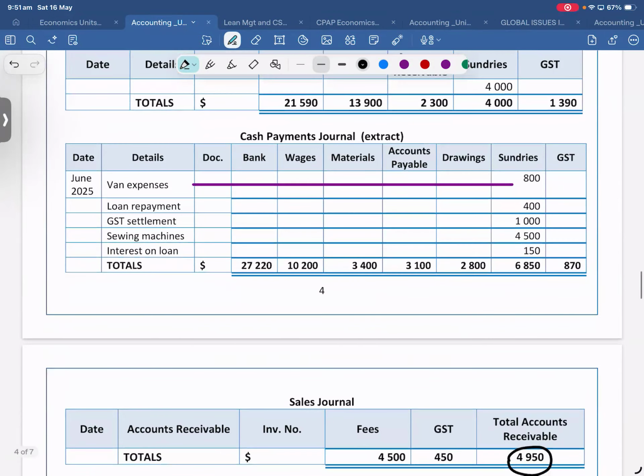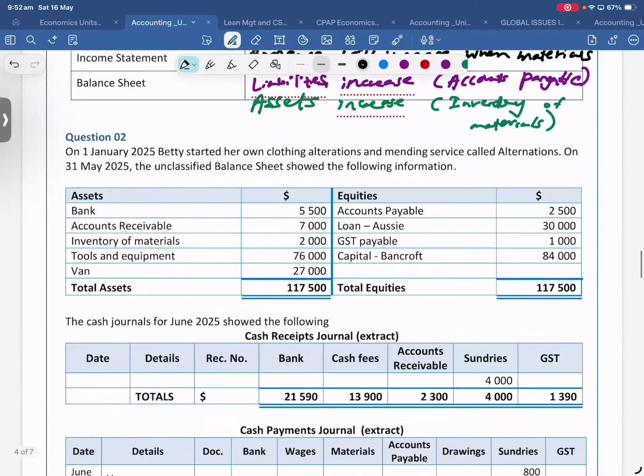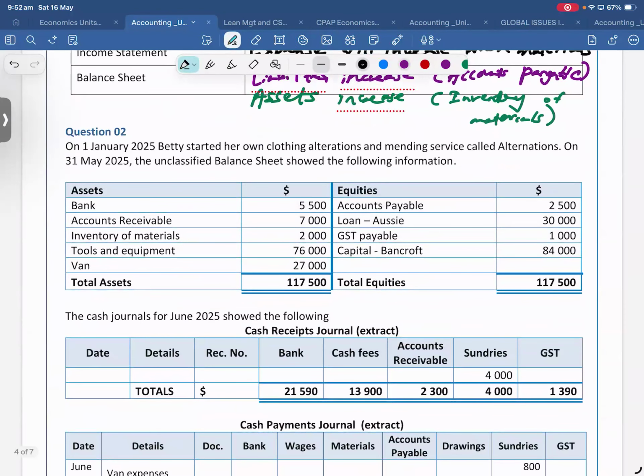GST settlement. What is it? See, I'll show you. We have a GST payable, which is a liability at the beginning of the period, so you have to pay 1,000. Why do you have GST payable here?